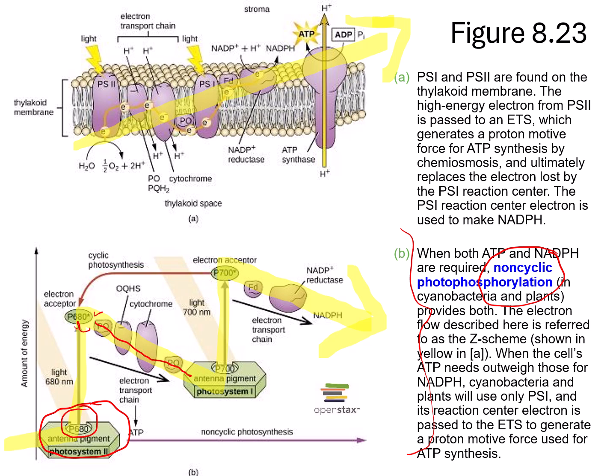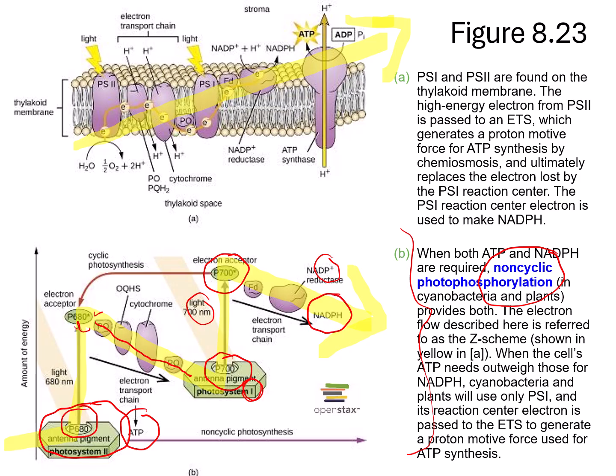This will generate a proton motive force to generate ATP. Meanwhile, that electron will be donated to the second reaction center that is part of photosystem 1. The electron is excited by more light, and eventually the electron will be donated to NADP+ to form NADPH.